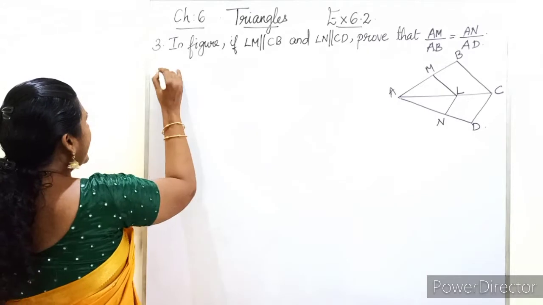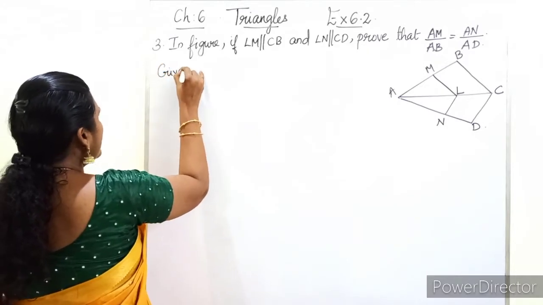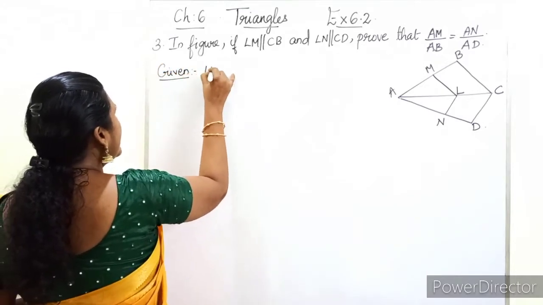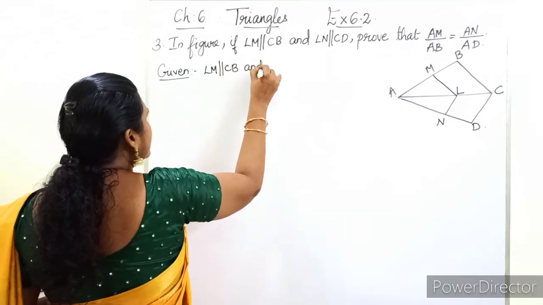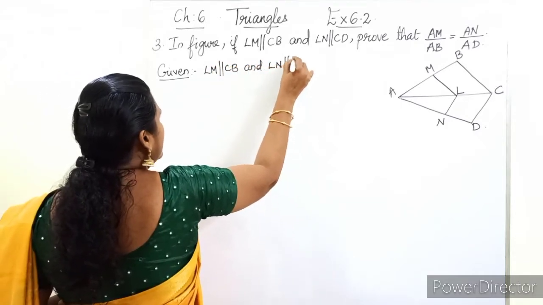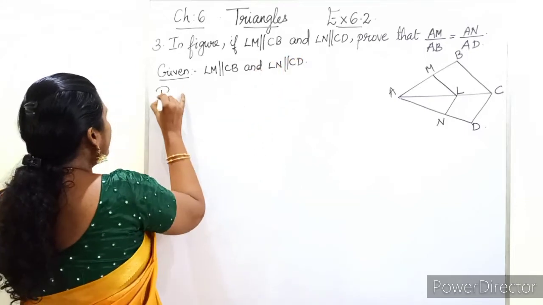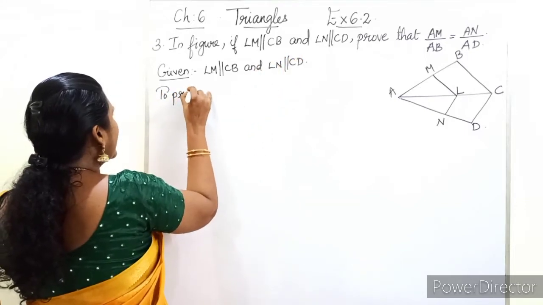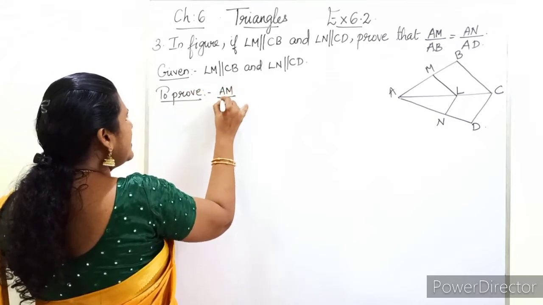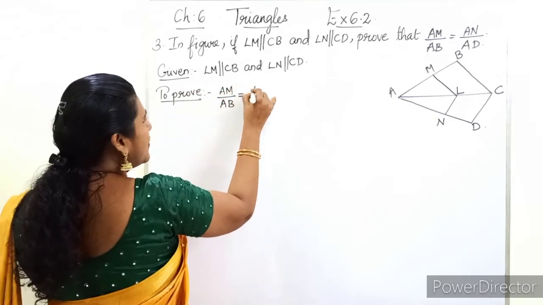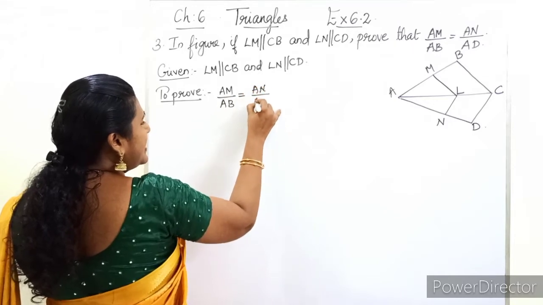So first we will write what is given in the question. Given: LM is parallel to CB and LN is parallel to CD. Now what we have to prove? We have to prove the condition AM by AB is equal to AN by AD.